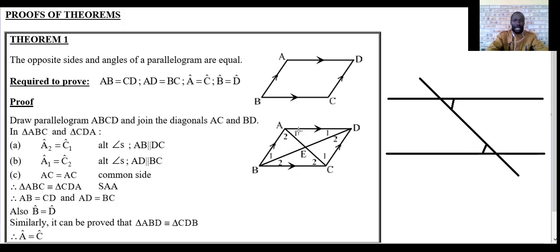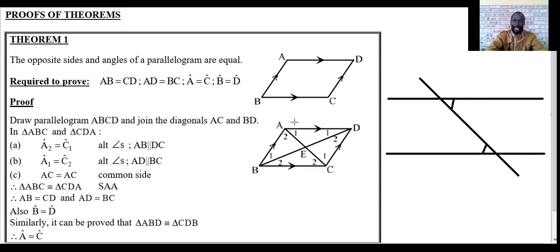So we say angle A1 and angle C2, they are alternate angles. Why? Because this line here, the part which is forming AD, and this other lower line, they are parallel to each other.